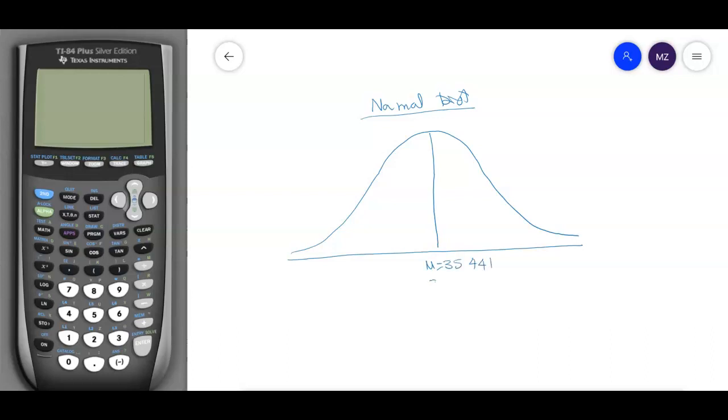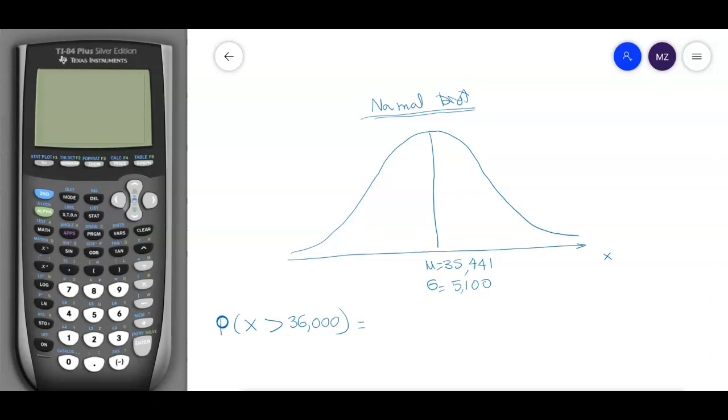The sigma, the standard deviation, is equal to 5100. The axis over here is going to be the x-axis. And the question is, what is the probability of x greater than 36,000?